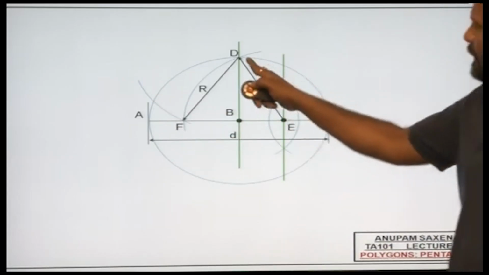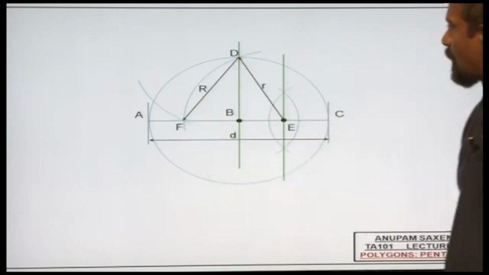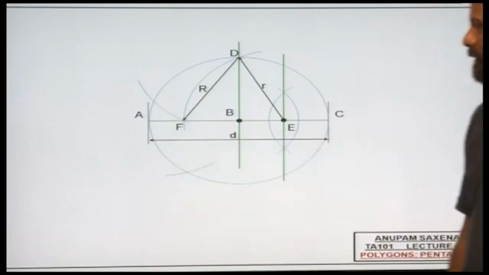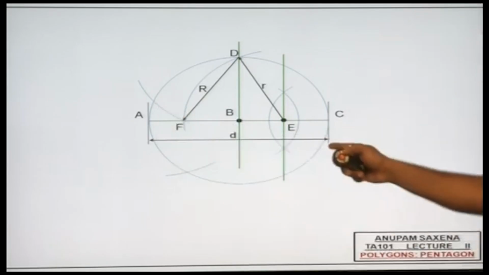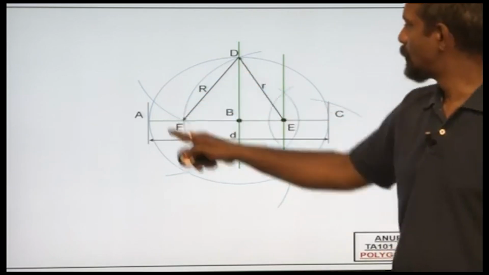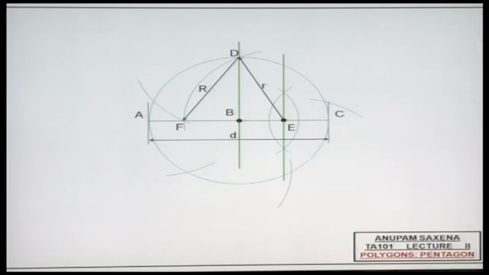So, this length over here from here to here is capital R. Now, with this as center and the same radius, we will cut the main circle again at this point and we will continue doing so until we get 5 points on the circumference 1, 2, 3, 4 and 5. These 5 points will be the vertices of the pentagon we are seeking.